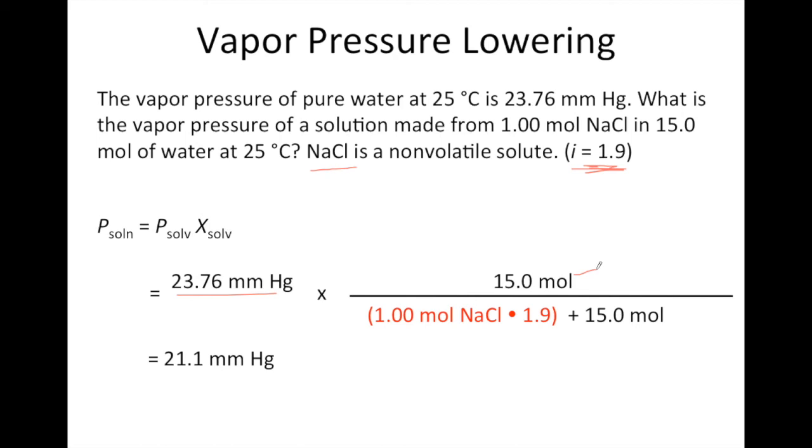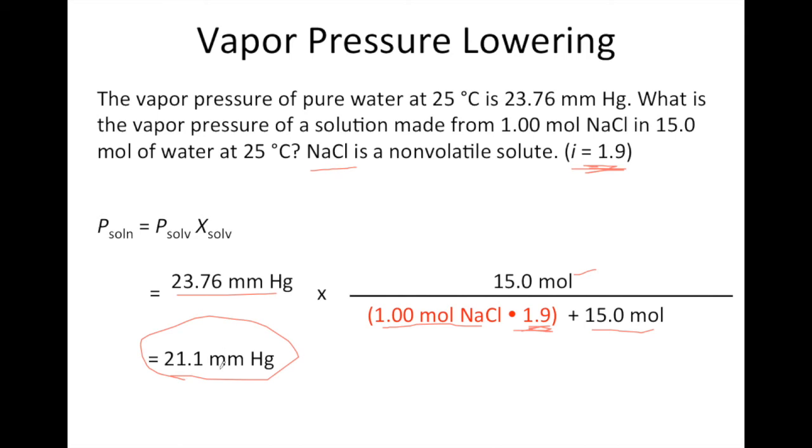We have 15 moles of water divided by the total moles of our particles, if you will. So we have 1 mole of sodium chloride, and then we multiply that times the Van't Hoff factor, because for every 1 mole of sodium chloride, we're going to get 1.9 moles of particles. And we're going to add to that the 15 moles of our water to get the total moles. Here, our answer, we get 21.1 millimeters of mercury.